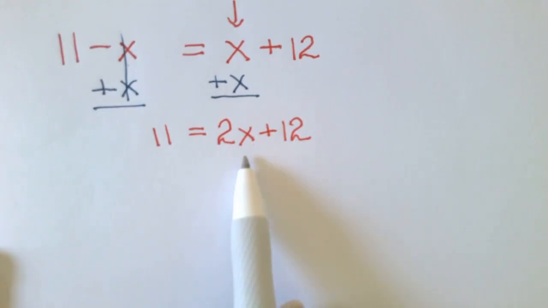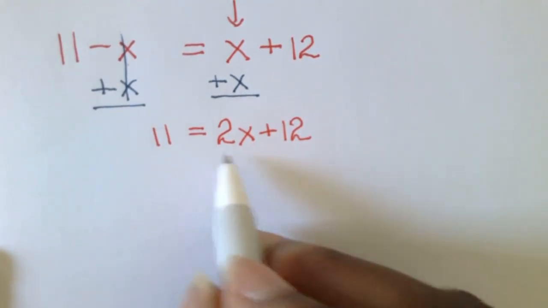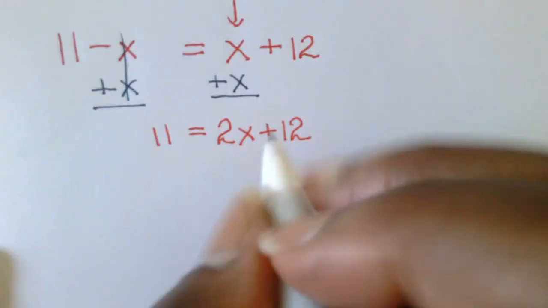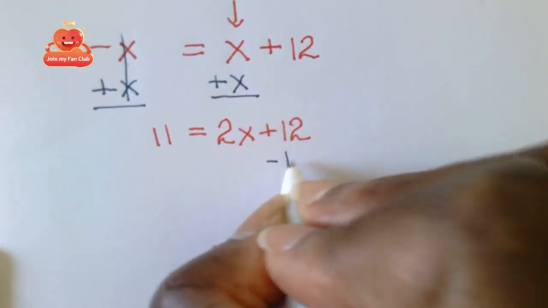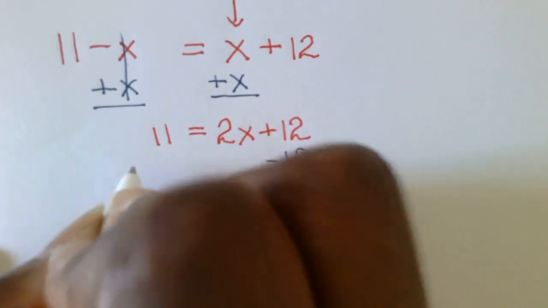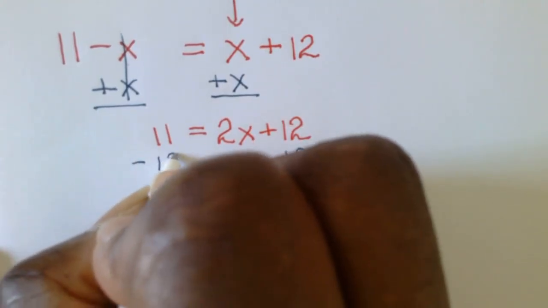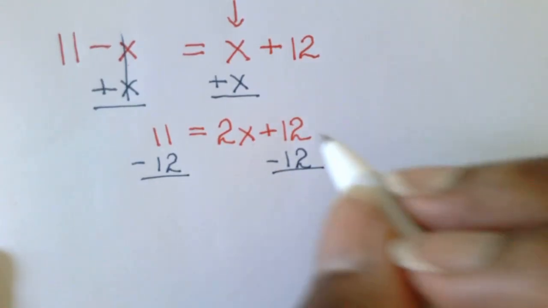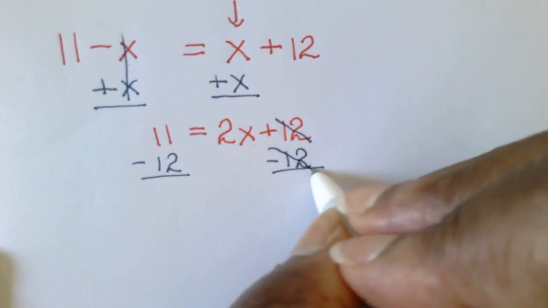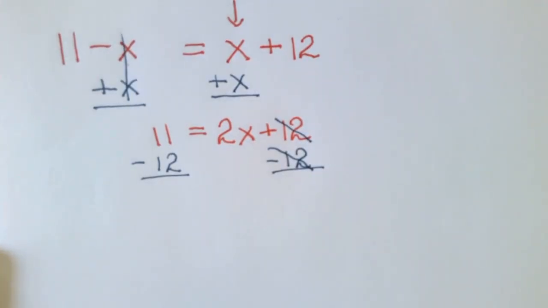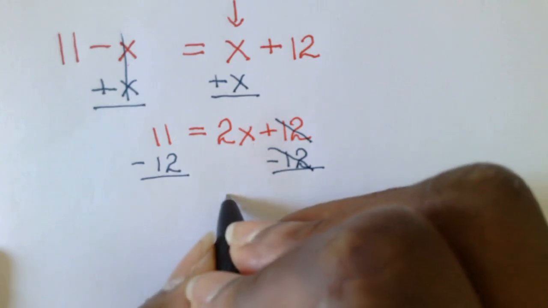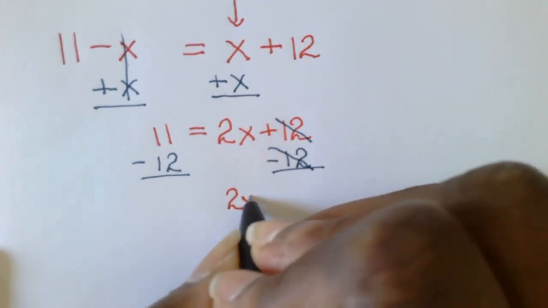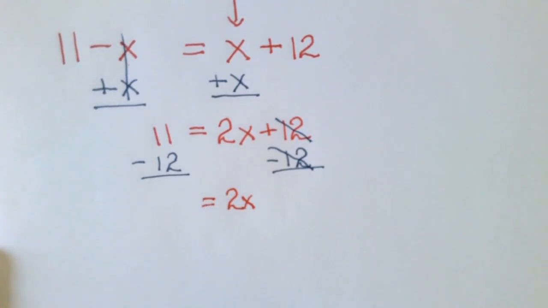So we want to isolate our x. We're not touching the 2 because we still have this extra. So we have to do the inverse of plus 12, which is to subtract 12. So positive 12 and negative 12 gives me 0. That's our placeholder. We can bring down the 2x, bring down the equals.